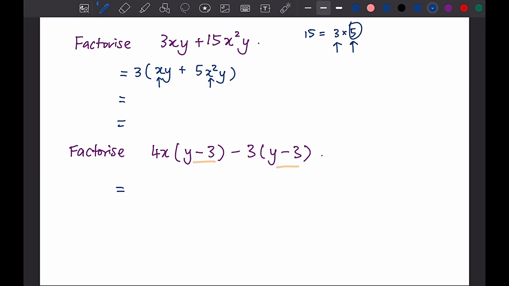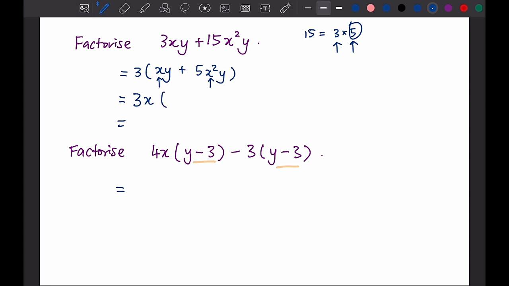Can I extract x squared? No, because the first x over here will not have enough x to be extracted, right? So think of the x squared as x times x, whereas the first one over here is just x, right? So it doesn't have enough for us to extract, so therefore we can only extract x.